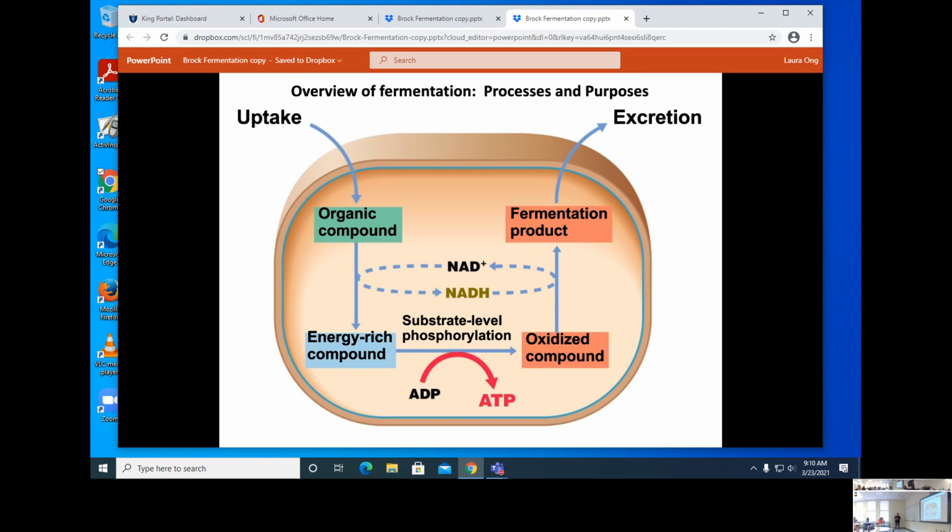When we ferment, what do we make as our waste? What's your favorite fermented food?